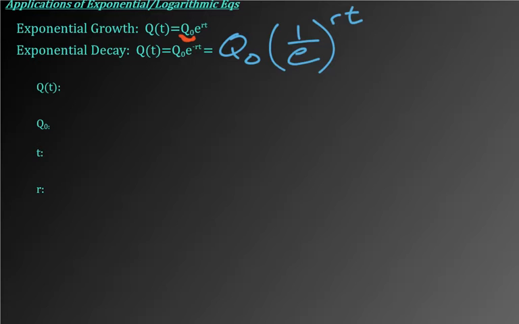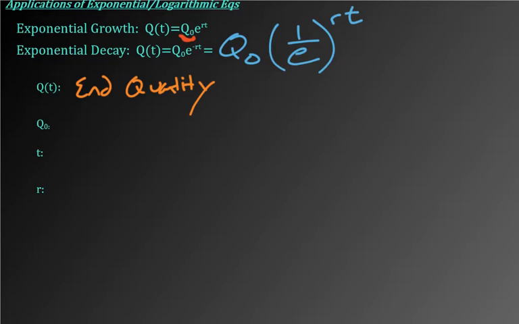So Q of t is literally what I would say is the end quantity that you have. So if you're talking about exponential growth of bacteria, this is the result, the end amount of bacteria you have after a certain time t.